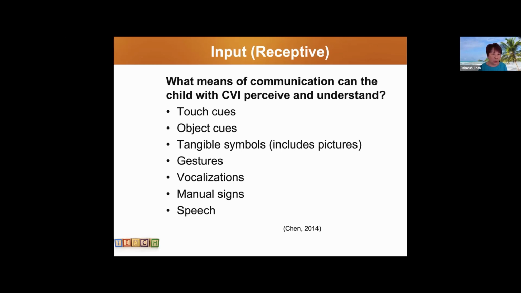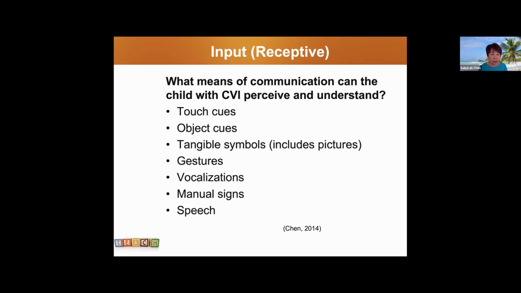So touch cues. I'll give an example of asking a child to put on a shoe. A touch cue might be touching the child's foot. An object cue might be showing the child the shoe. A tangible symbol, such as a picture of the shoe, might also help the child understand the message.